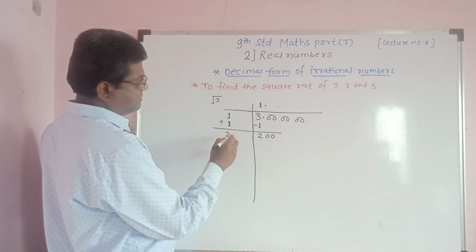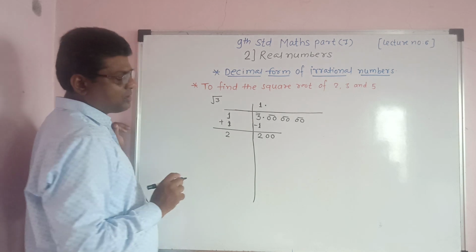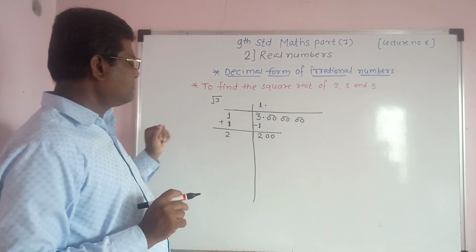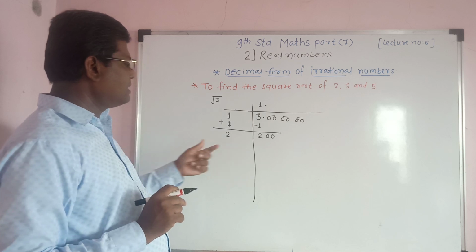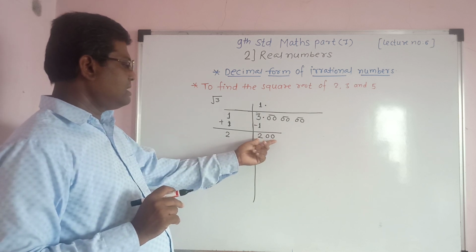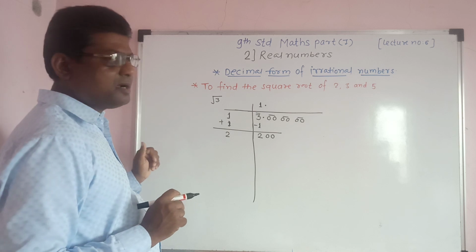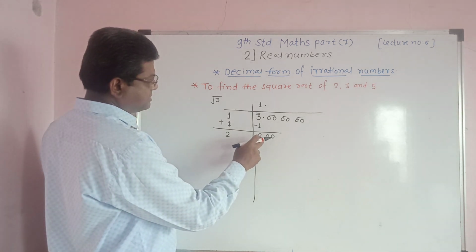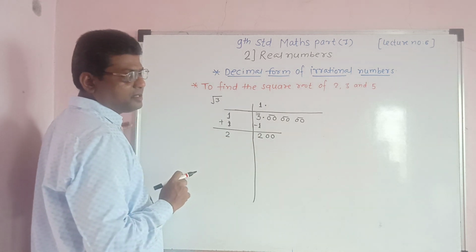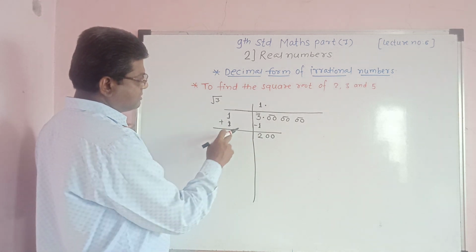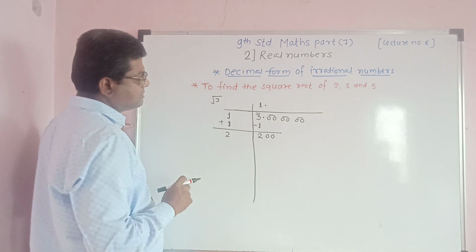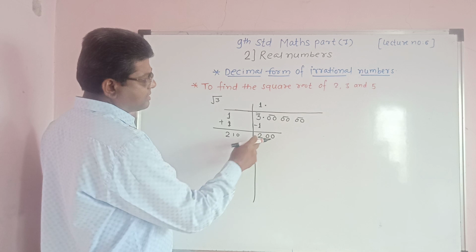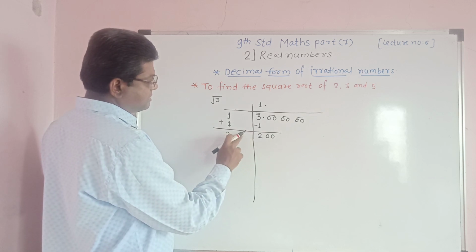Now let us find such a number on 2 so that by multiplication by the same number we get a number less than or equal to 200, that is closer to 200. If we divide this 20 by 2, we get 10, but we don't take 10 on the number 2 because that number will become 210 and it will be greater than 200.